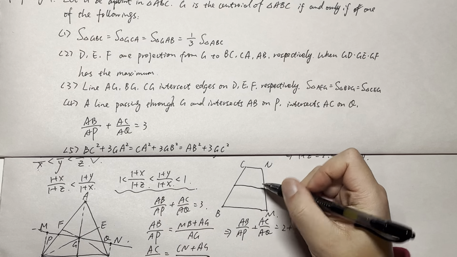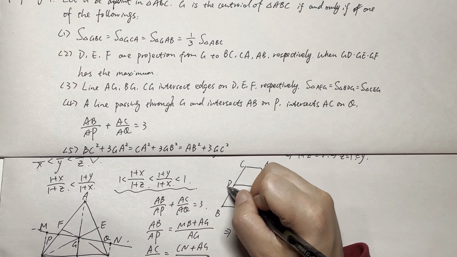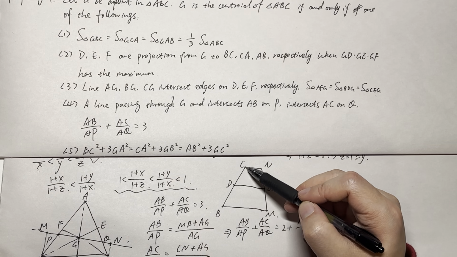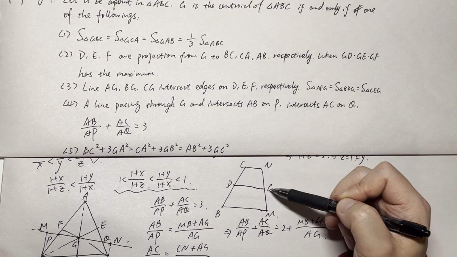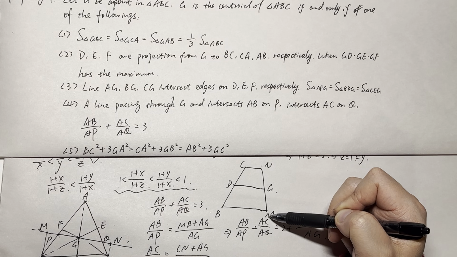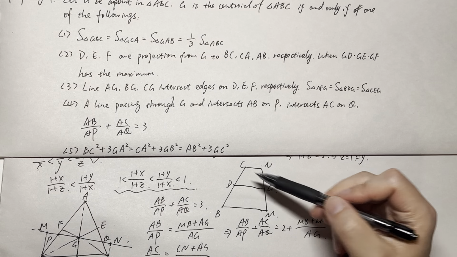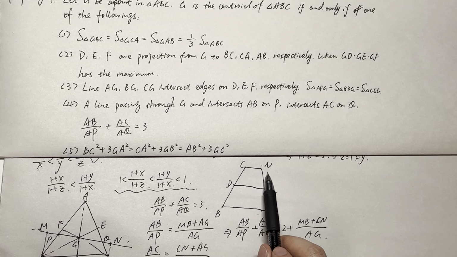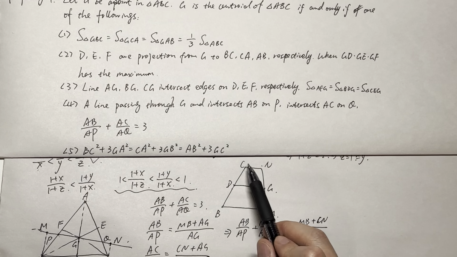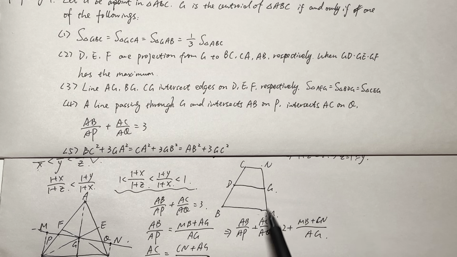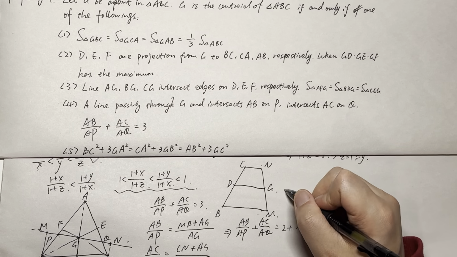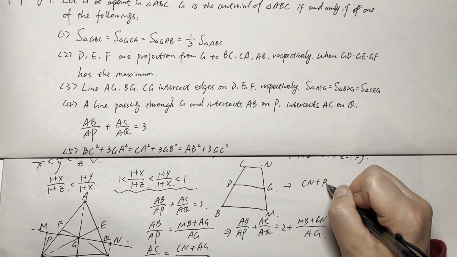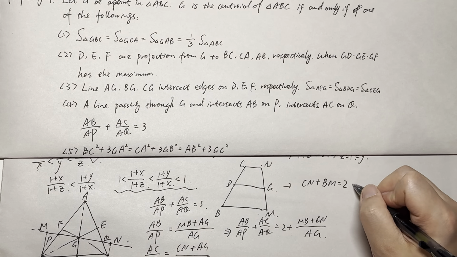We have D here, G here. We know that D is the midpoint of CB. Because DG is parallel with BM and CN, and D is the midpoint of CB, G is the midpoint of MN, which leads us to CN plus BM equals twice DG, right?